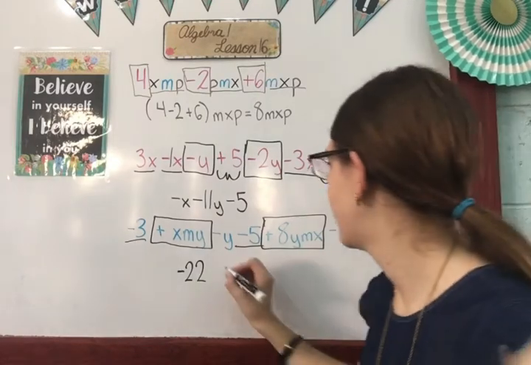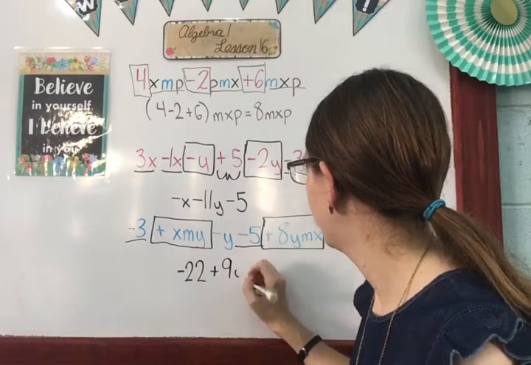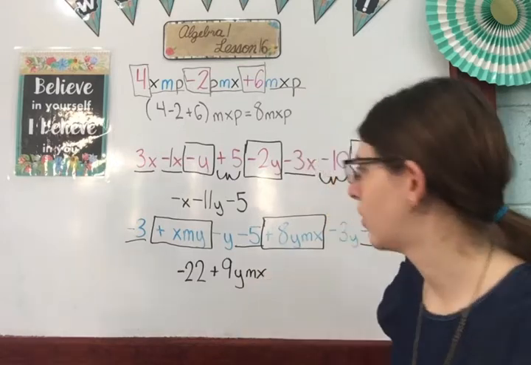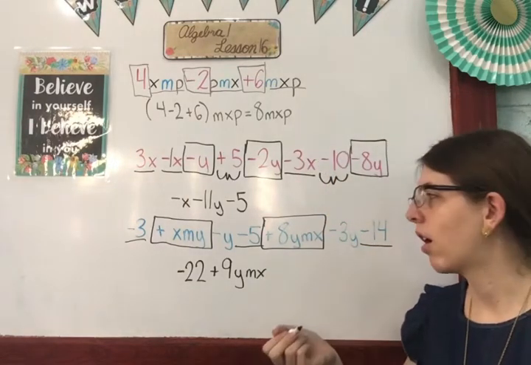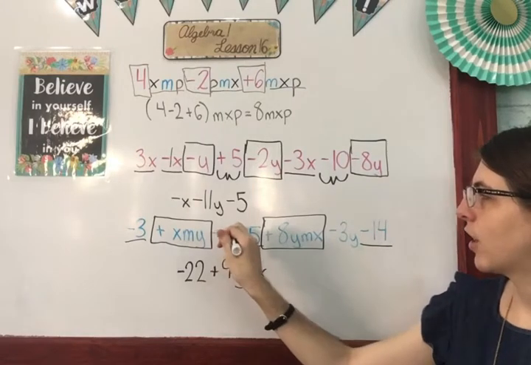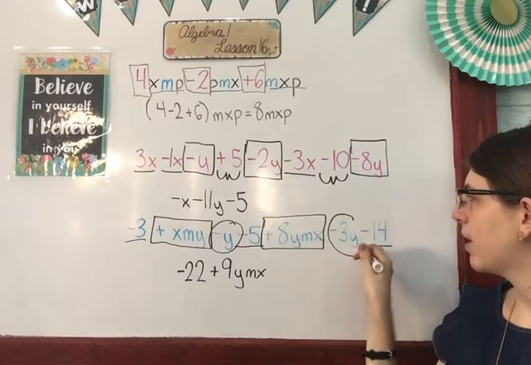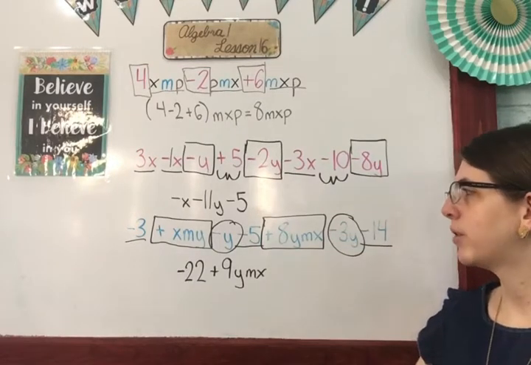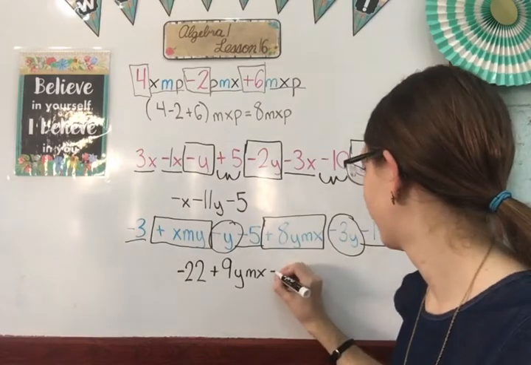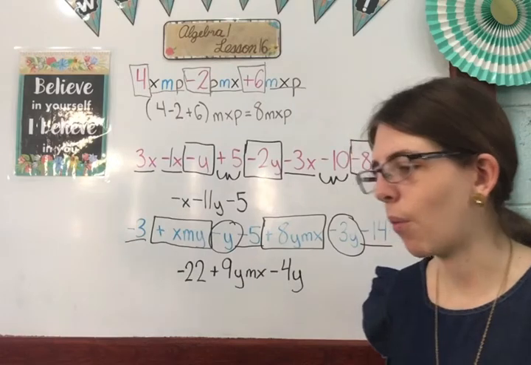So that's a positive 9ymx. Or you could say xmy, or myx. It doesn't matter. Okay, my last term is a negative y and a negative 3y. Combine those terms, negative 1 minus 3, negative 4. So it is negative 4y.